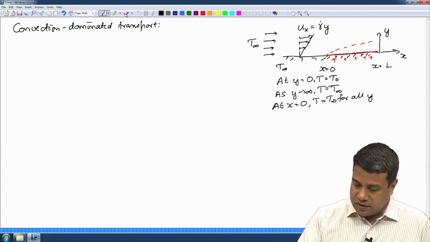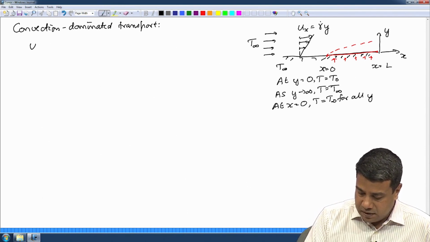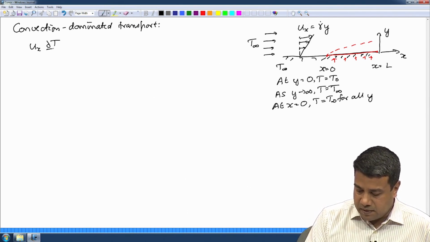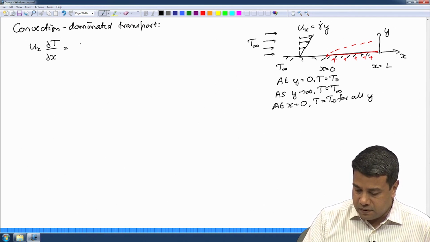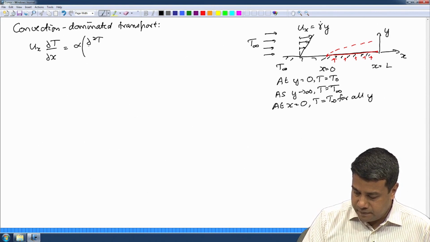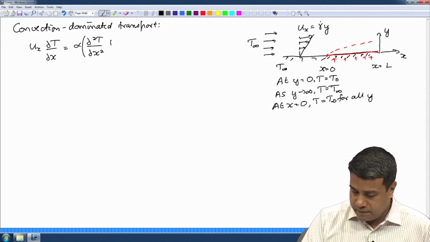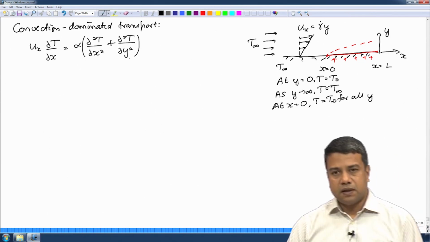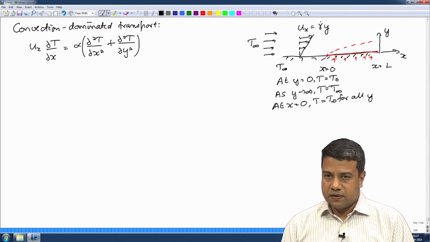The diffusion equation is ux partial T by partial x is equal to alpha partial square T by partial y square, and that is because ux is the only non-zero component.